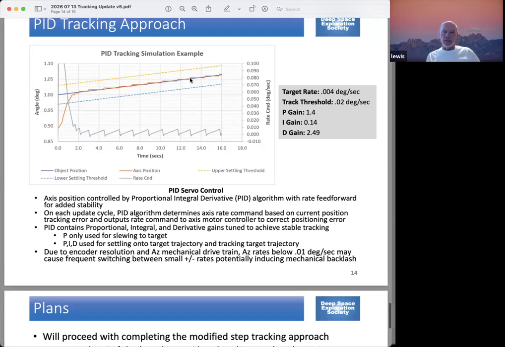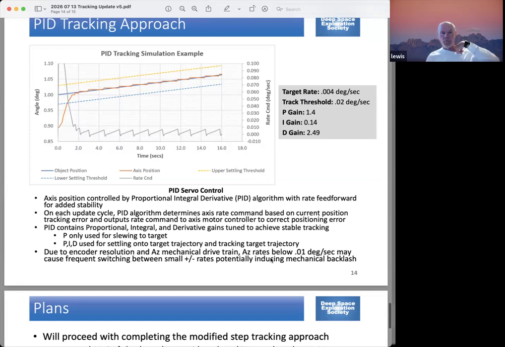And one of the things you'll see in this example, getting back to the example, is that it is maybe hard to see, but the grayish plot is the commanded rate. What you can see is it's like a sawtooth bouncing from plus to minus. There are small changes, but nevertheless, it is reversing the direction of the mount, which will then result in going through the backlash.